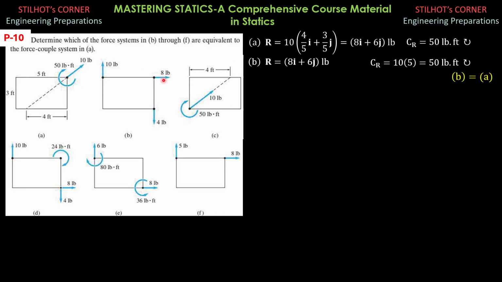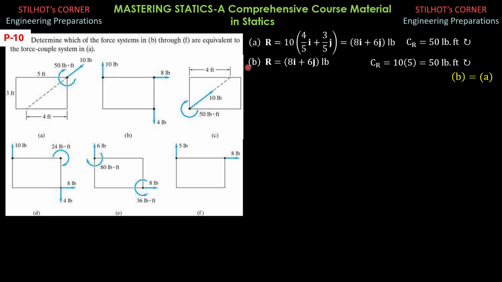Then for part C, we have R is 10, same inclination, so in vector form, that's 8i plus 6j. But its moment about this corner consists of, if we resolve F into its components and put it here, only the y component has moment, which is 6, and that distance is 1 foot.